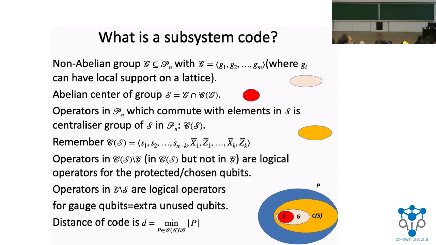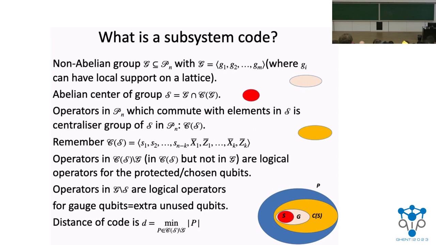And so the point is that because S is contained in this, by measuring these Gs, and I have to be a bit careful how I measure, I can construct the eigenvalues of S. And I use S for error correction. In some sense, this is just like a stabilizer code, but I could have started with S and then its centralizer, but then there may not be a G with weight 2 operators.